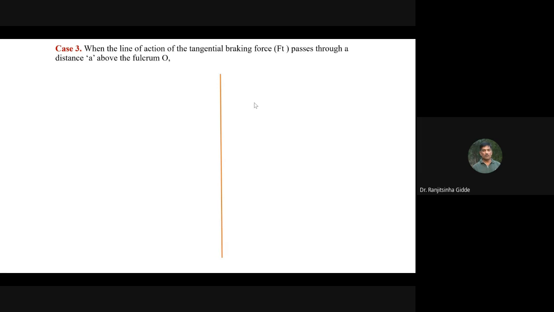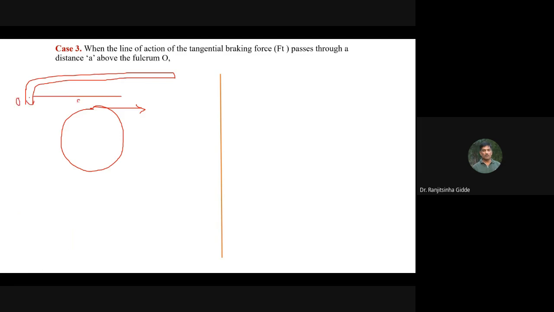Distance a above the fulcrum. Now previously, this was the disk, this is Ft, and this is the lever, and this is point O, and this one is the offset.